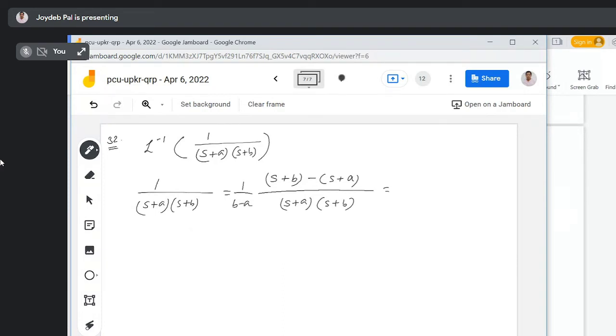Now s plus b divided by this. It will be 1 divided by s plus a minus 1 divided by s plus b. Right?